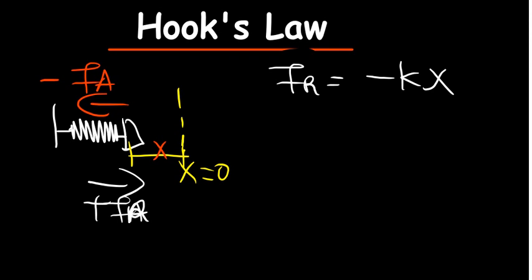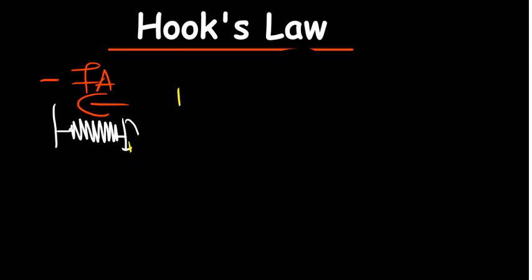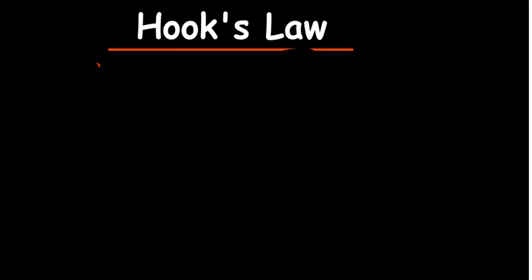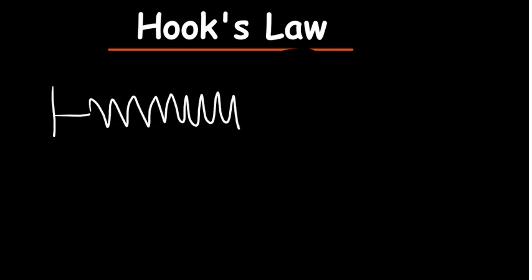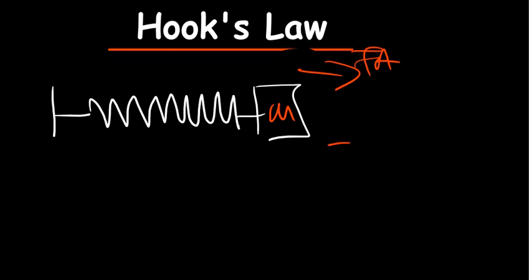Okay, we continue now. If I have the spring, I'm trying to compress it. The general principle which I want you to get here is that the applied force is positive, the restoring force is negative.